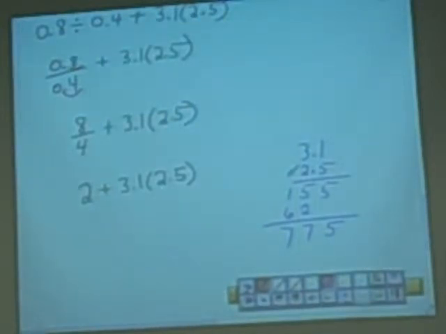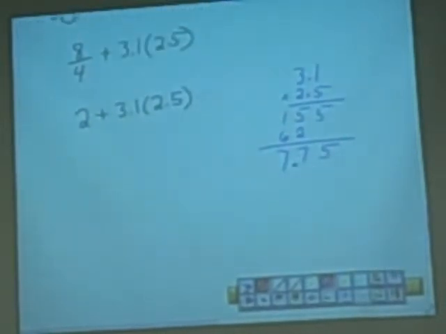Good idea to put your sign over here, because when you're working through these problems, boom, you go back, alright, what was I doing? Multiplication or addition, subtraction, what was I doing? Good idea. With the sign there, it helps to say, okay, I'm multiplying, so that means I got to move that decimal 2 places. Okay, so here we have 2 plus 7.75.